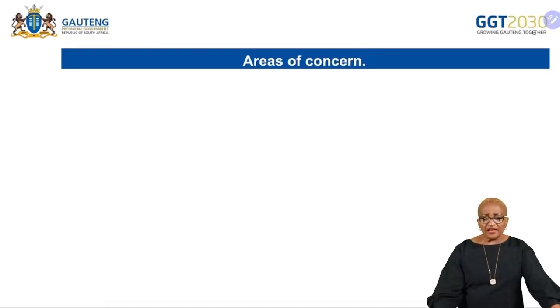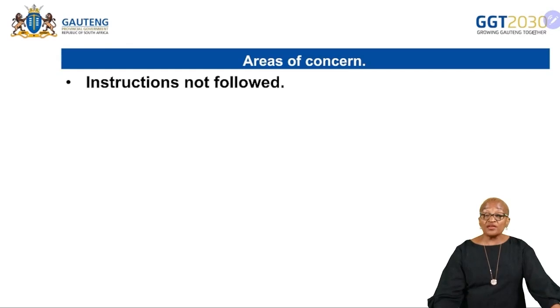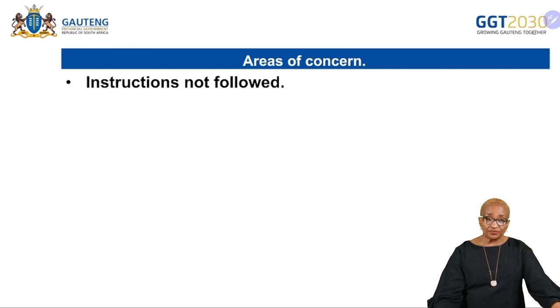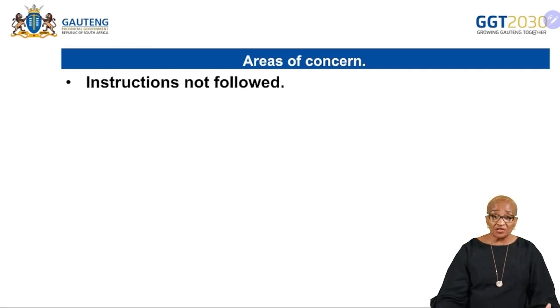We do have areas of concern regarding the writing of the longer transactional piece. And these are some of the concerns that have been raised. Instructions not followed. Remember when we started, I gave you an outline of how this paper is structured and what instructions you need to follow.